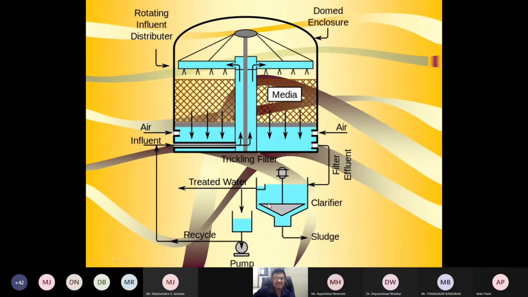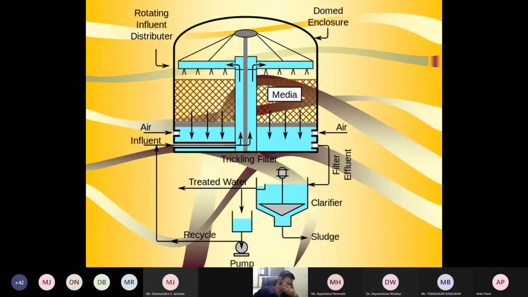In the sedimentation tank, the sludge is separated and the treated water is taken out. This is the same. The only thing in this trickling filter is that we have to recirculate or recycle, not the sludge. Here we are not circulating this.